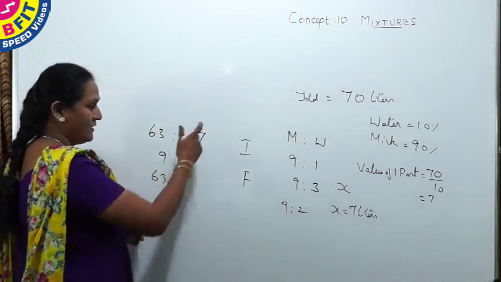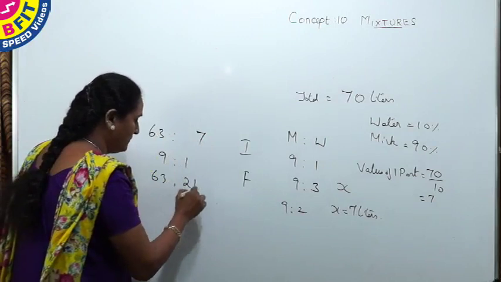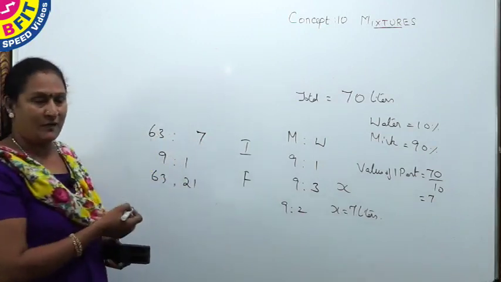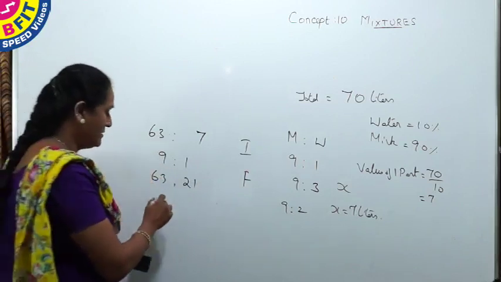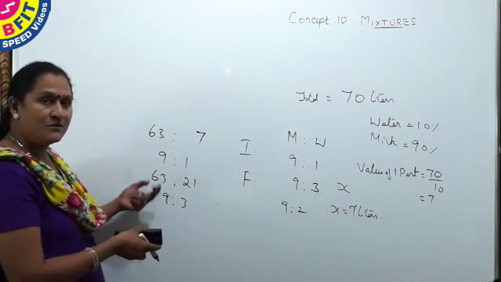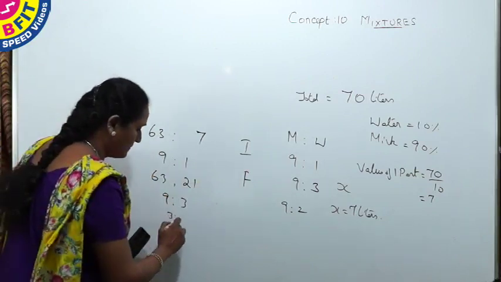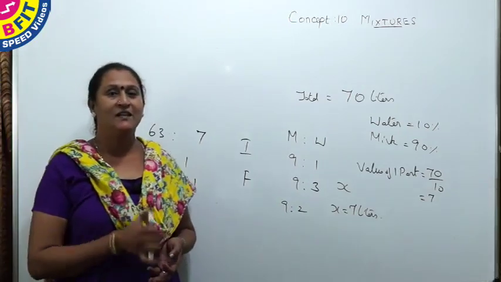So initially 7 liters, when you add 2 parts, that is 14 plus 7, and milk will be 63 liters, which will be the same. As we are adding water, it becomes 21 liters. And the ratio is 9:3. So after simplifying, we get 3:1. So we'll see the next question.